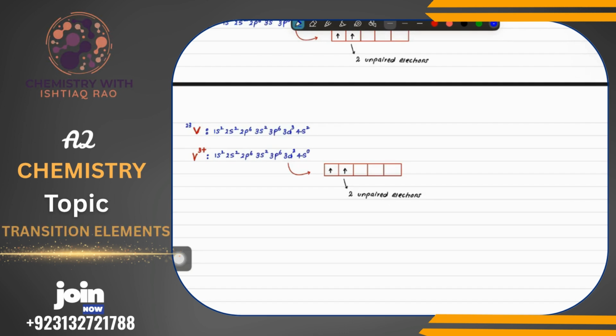First of all, you have to write down the normal configuration. Then you have to remove 3 electrons from chromium. Is it three unpaired electrons?